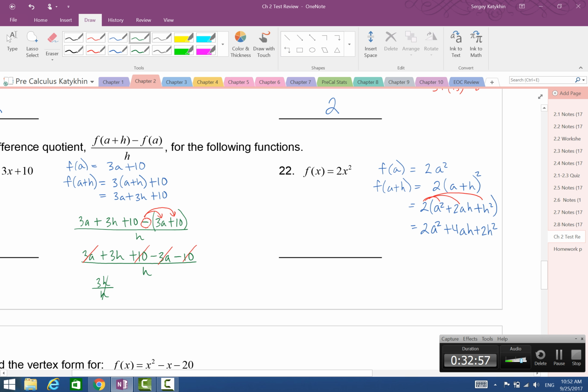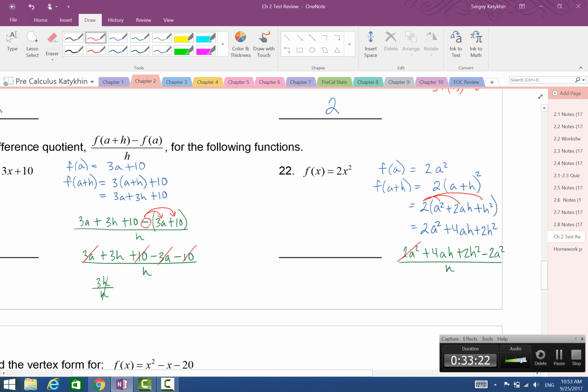Subtract f of a plus h and minus f of a, and then divide it by h. So f of a plus h will be 2a squared plus 4ah plus 2h squared minus 2a squared. Divide the whole thing by h.